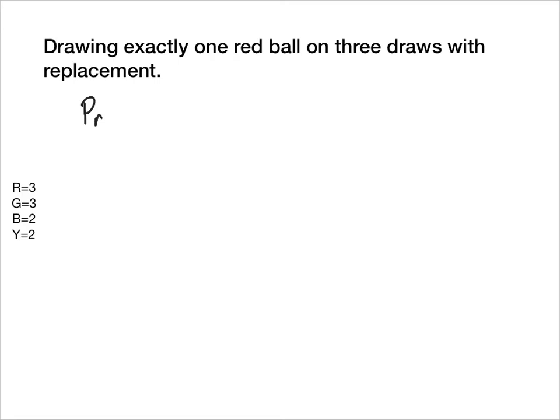So what did it mean to get exactly one red ball? Well, here's one way that we can do it. We can get a red ball on the first one, right? And if we got a red ball the first time, to get exactly one red ball, that means we didn't get a red ball on the second one, and we didn't get a red ball on the third one, right? But that's only one way that we can do it.